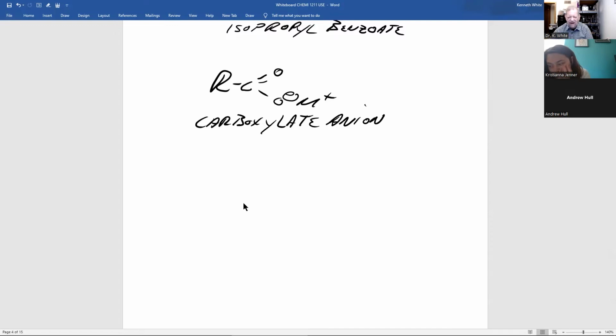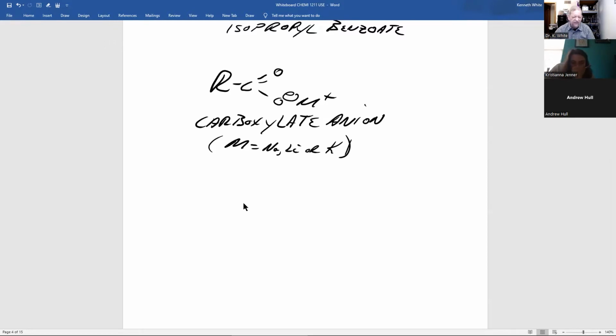And that's the carboxylate anion, where for this class, M will be sodium, lithium, or potassium. It can be other things too, but for nomenclature, that's all I'm going to ask you to learn. Now, how do you do this?